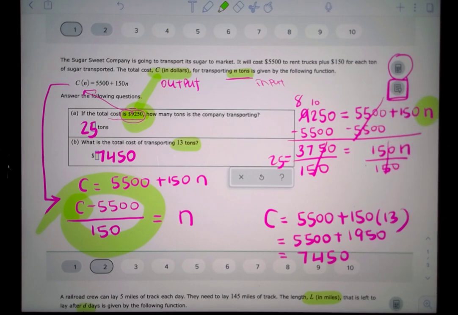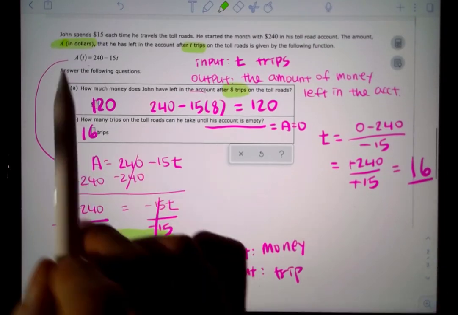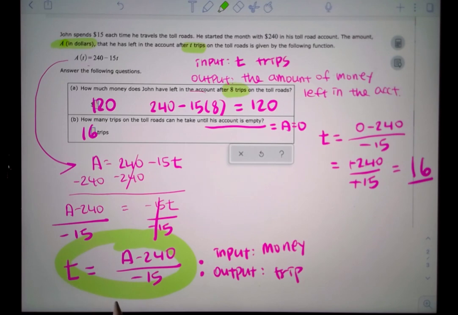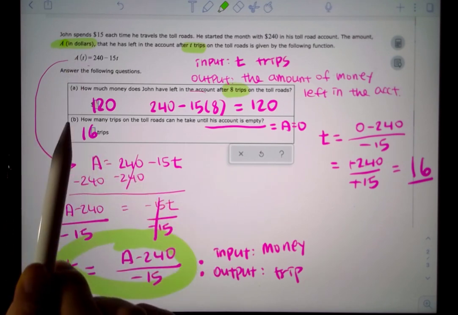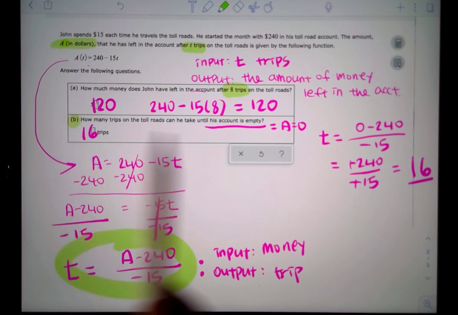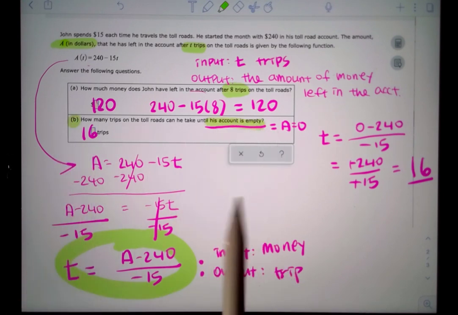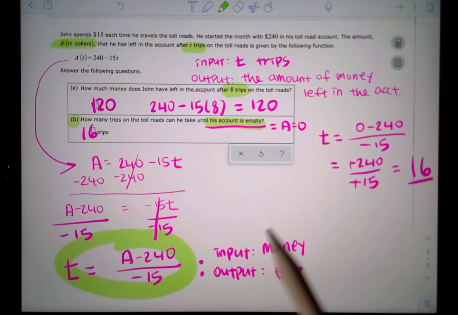And for this one, for the last problem, I found my inverse function first, right? And then for B, it says the account is empty, so we know that A is 0. So you put 0 into A, and then you calculate the number, then you get 16. So you don't have to solve the equation if you already know your inverse function.